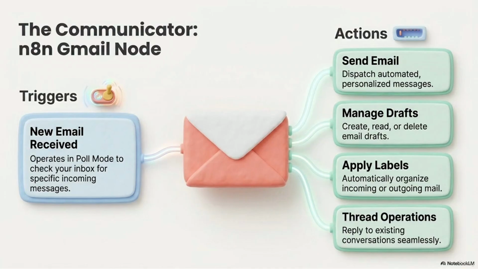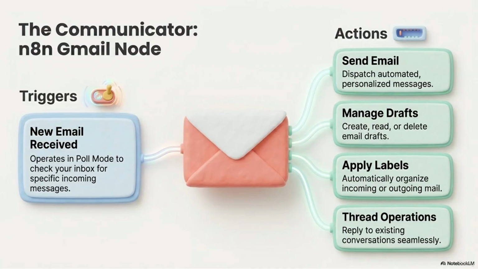It also works at the thread level, letting you manage entire conversations in one action. On top of that, you can create and update draft emails, making it easy to prepare messages in advance. The node also gives you access to labels and attachments, allowing more advanced automations that organize files, restructure your inbox, and connect everything seamlessly with the rest of the workflows.